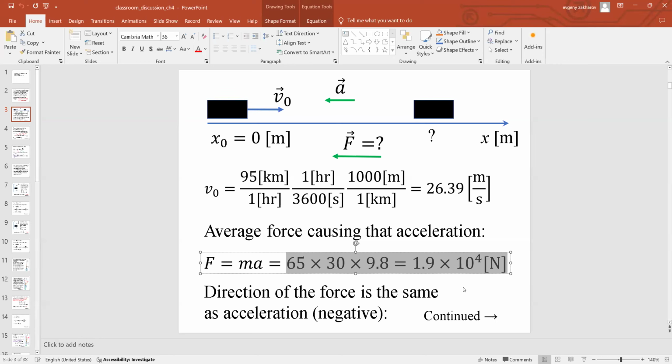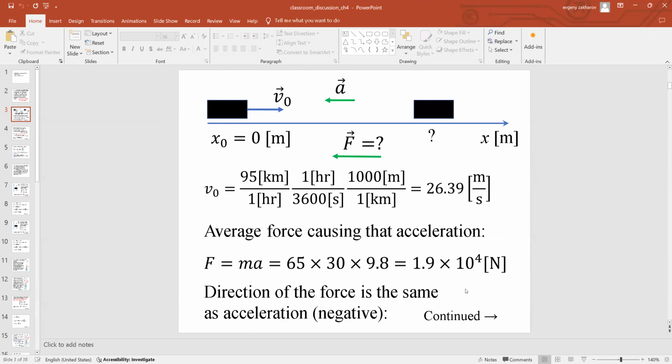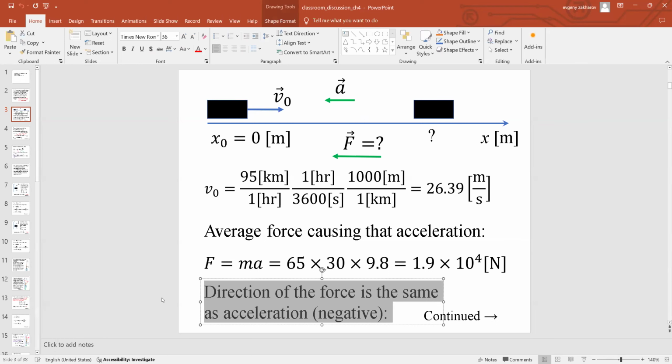That's the force that acts on you if you are in that car accident and trying to survive. Direction of the force is the same as the direction of acceleration because F equals ma. Mass is just a positive number, and vector acceleration, vector force, two vectors have the same direction.